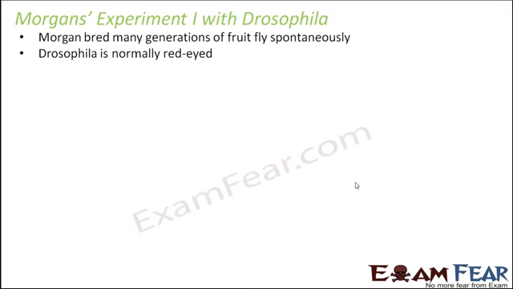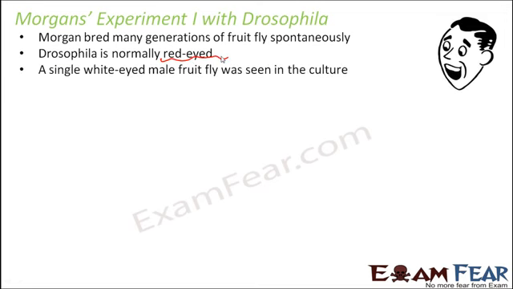Normally he found that the Drosophila were all red-eyed. Red eye color was the common color. But suddenly he saw that a single white-eyed male fruit fly was seen in the culture. Where most of them were all red-eyed, suddenly just a single white-eyed male fly was seen in the culture.